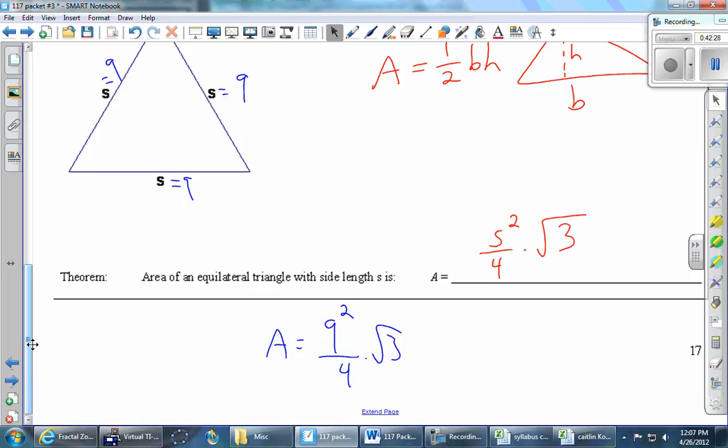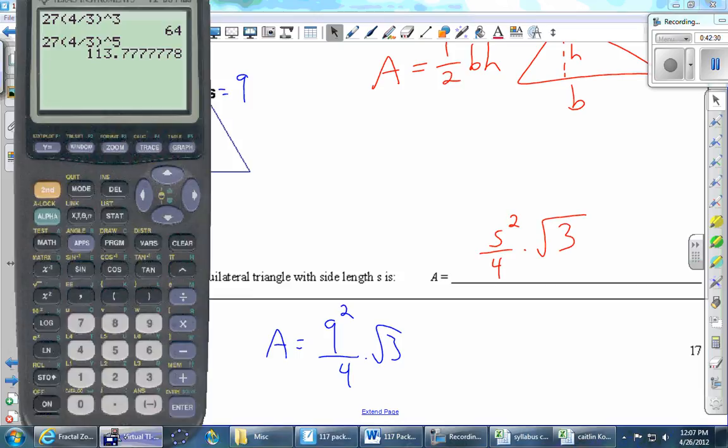The calculator will help us with that, but plugging in isn't so bad. Whatever I get, what is it? That sounds too small, no? Yeah. So the area of that triangle is about 35 square units.